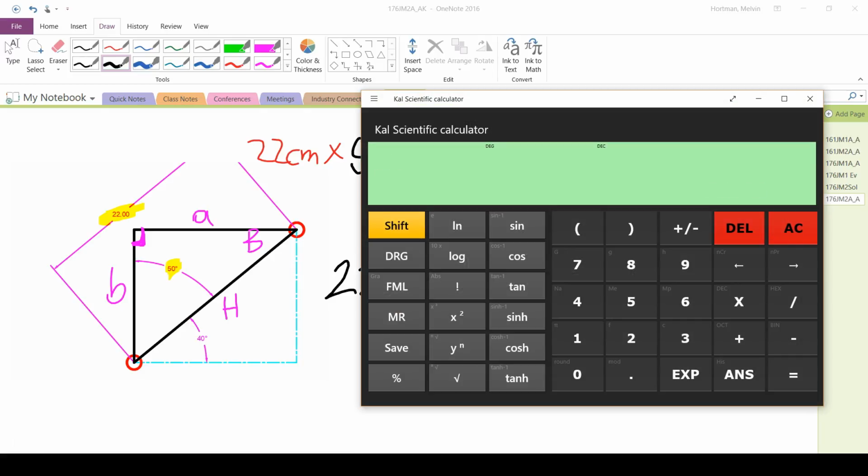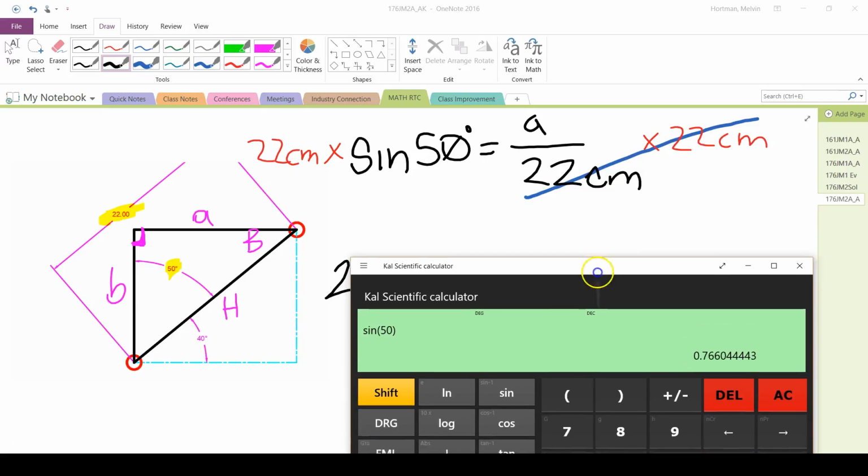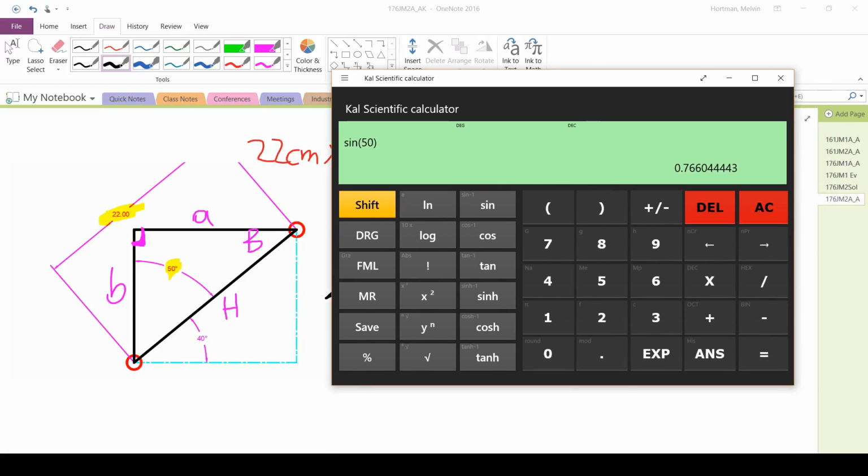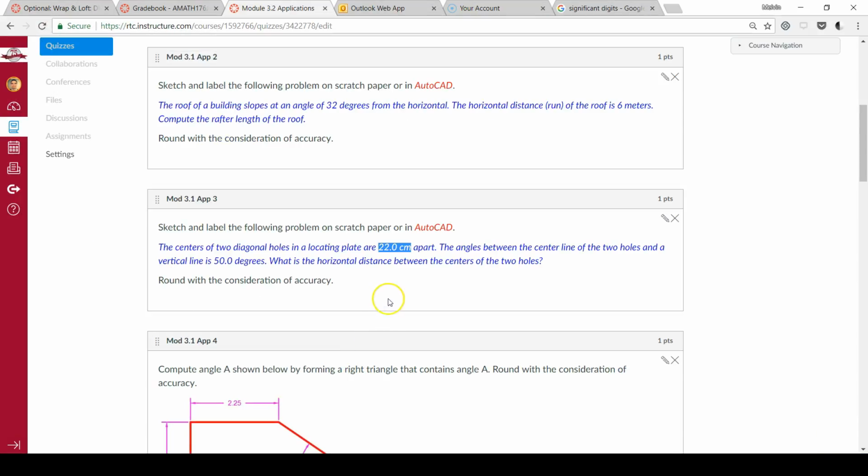I can go to my calculator. I can do sine of 50 times, what was that? 22 centimeters equals 16.852977746. I need to remember to round to the least accurate number that was given to me.